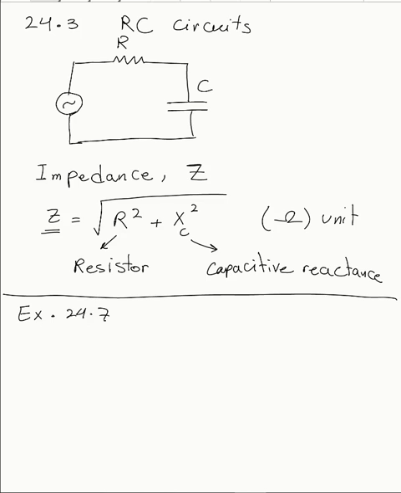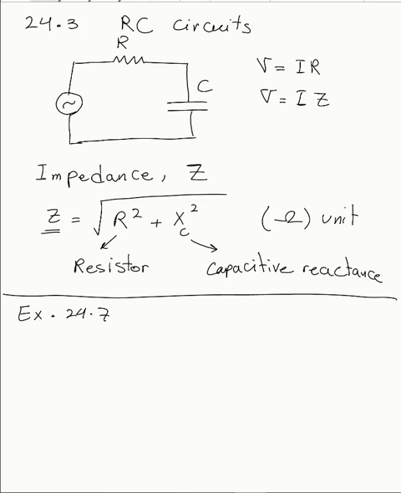So now with defining of this quantity here, everything else is going to be the same. So we can talk about Ohm's law, that was V equals IR, but now this becomes V equals IZ.